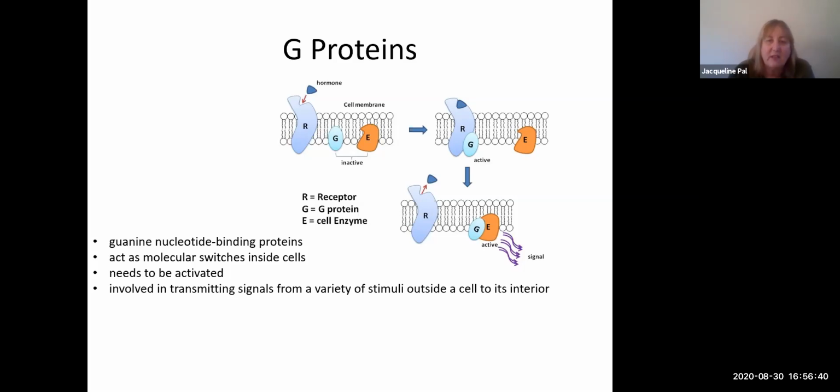The way it gets activated is when the hormone, because we're talking endocrine system, binds to its transmembrane receptor, that receptor will then activate the G protein.